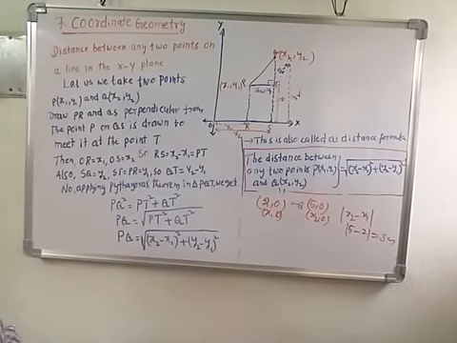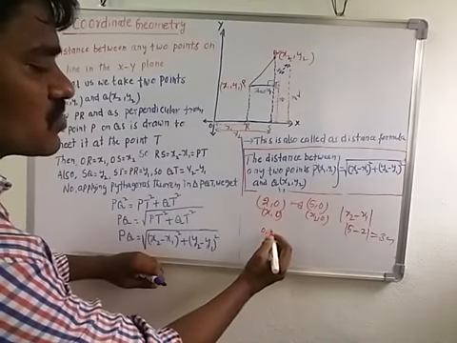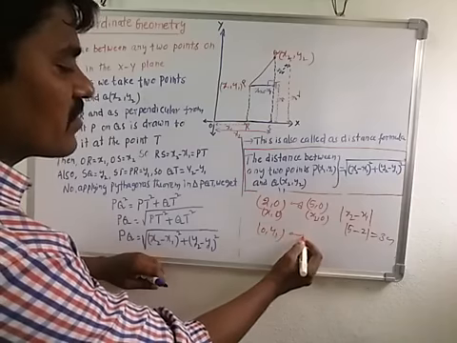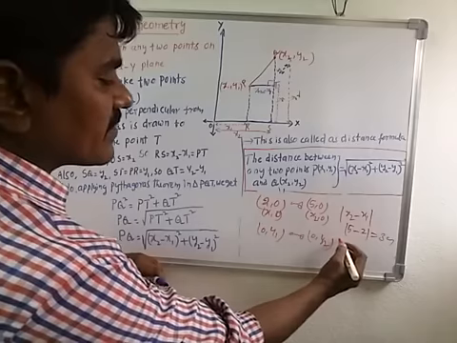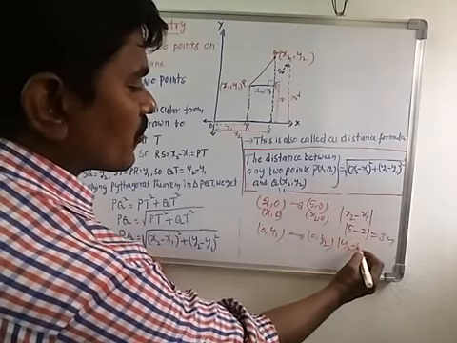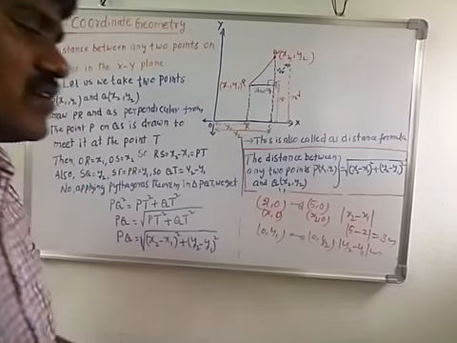And also, what is the distance between 0, y1 and 0, y2? That is the modulus of y2 minus y1 units.